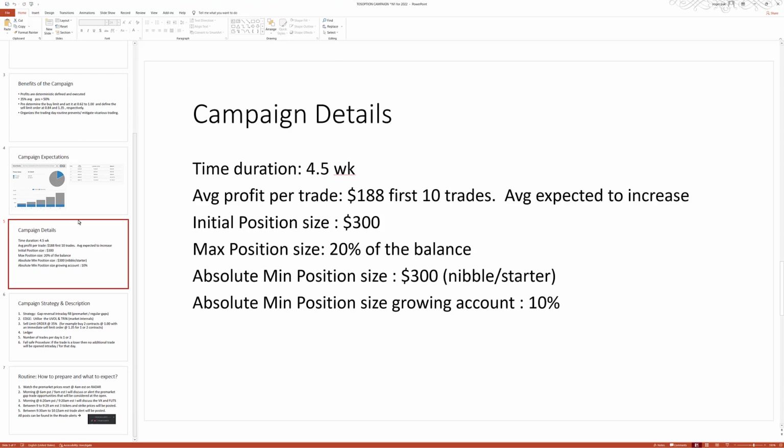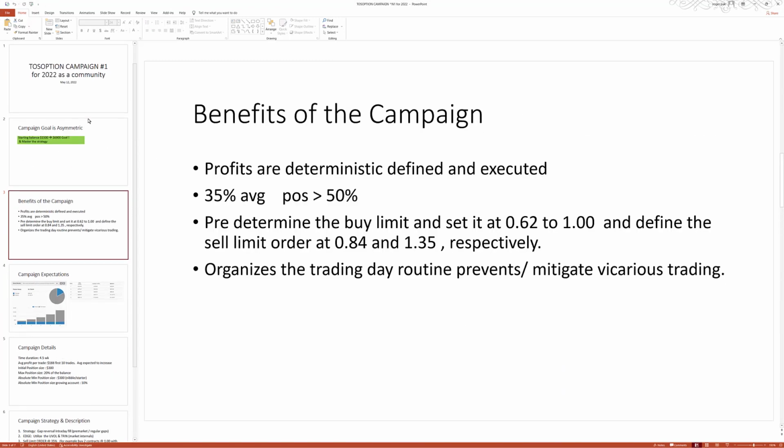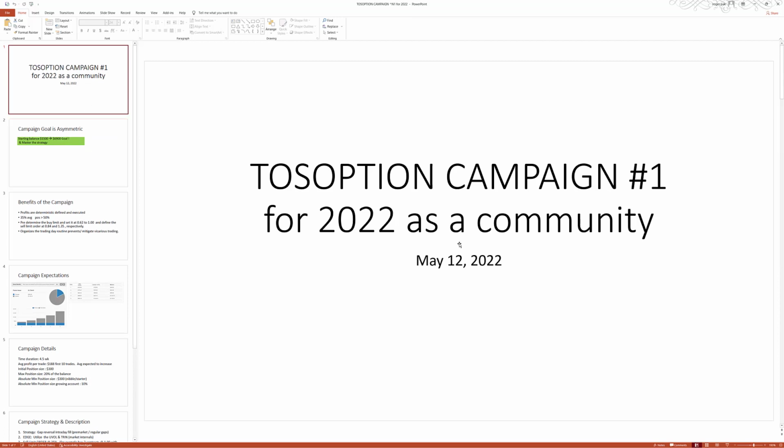Very generic, and there are obviously mistakes in some of the wording. But on May 12th, I wanted to create a campaign that's easy to follow and consistent, and has a routine for those who are okay with making 35% or more day in, day out.